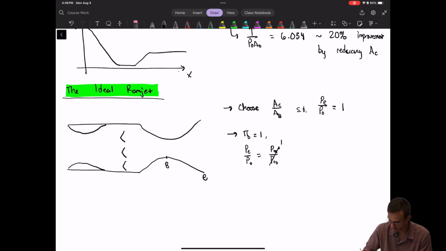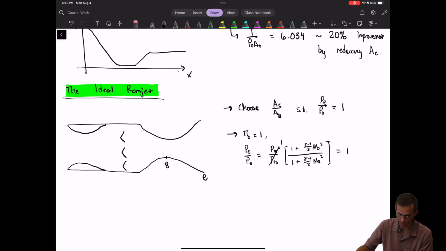That's our assumption. And then we have this ratio here, 1 plus gamma minus 1 over 2 M naught squared over 1 plus gamma minus 1 over 2 M exit squared. And we know that this is equal to 1 because we're choosing that area ratio such that perfect expansion happens. And so this also tells us that ME is equal to M naught. Okay, so that's a bit of a derivation of that.